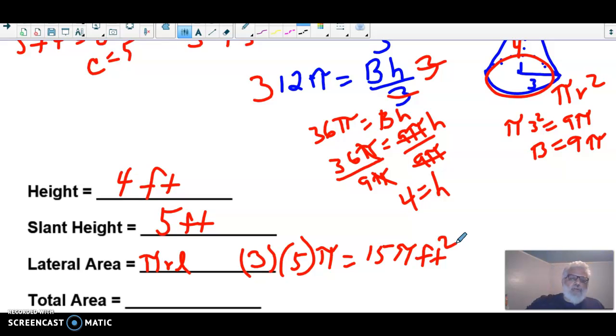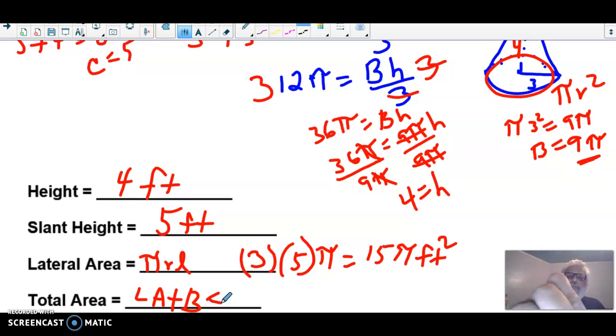Now the total area is going to be the lateral area, which we just found, plus the area of the base, and we found that back over here. So we just got to add that up.